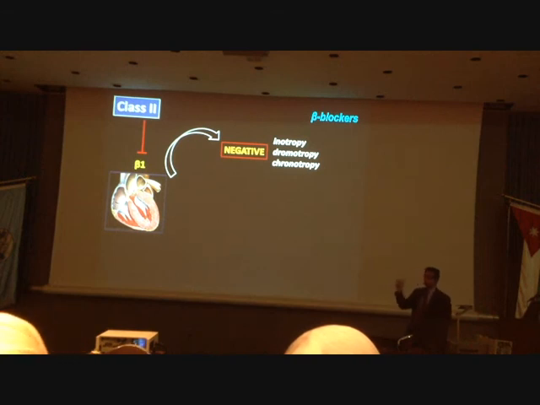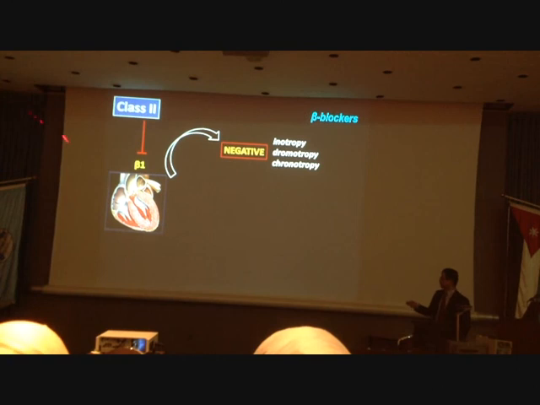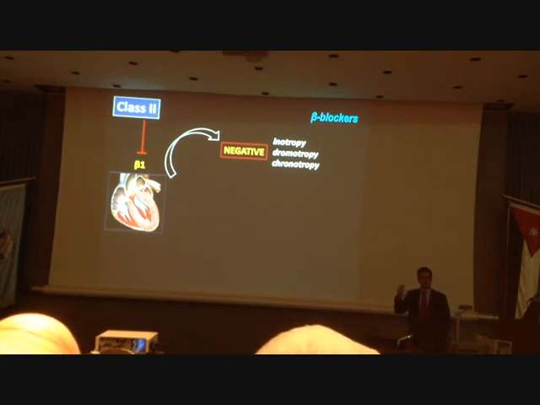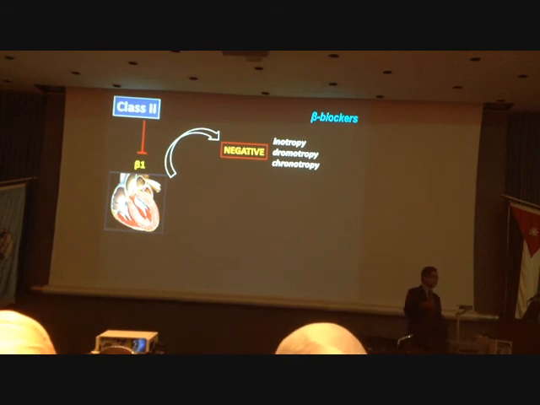Contractility of the heart. Dromotropy, which means conduction of the heart, and this is particularly done when it affects the AV node. And finally, chronotropy, which is the heart rate, okay? And this is particularly the effect of the beta 1 blockers on the SA node.